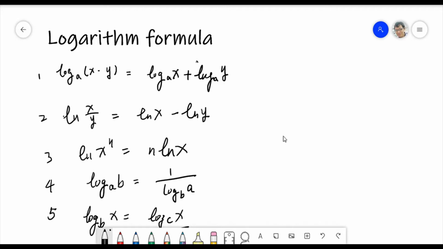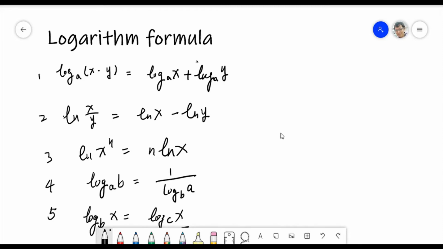Every basic thing you need to be very familiar with, like the formulas of logarithm, exponential, derivative, and integration. Those basic things you need to really master, which means understand. If you don't, then you have a problem.